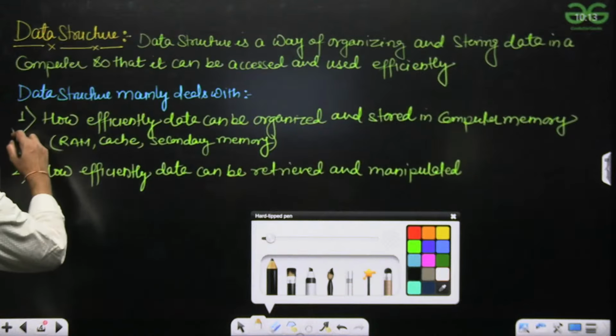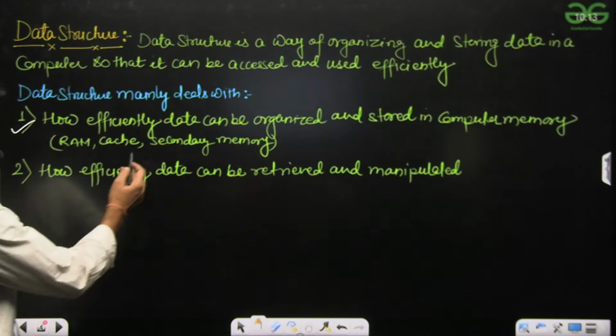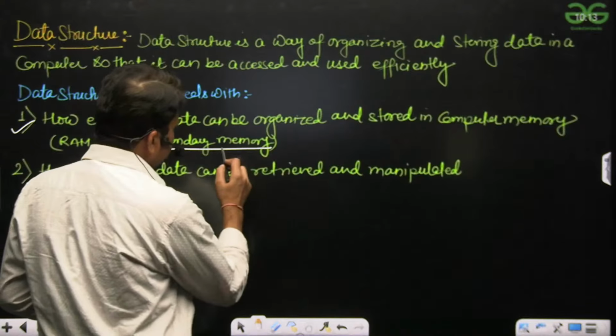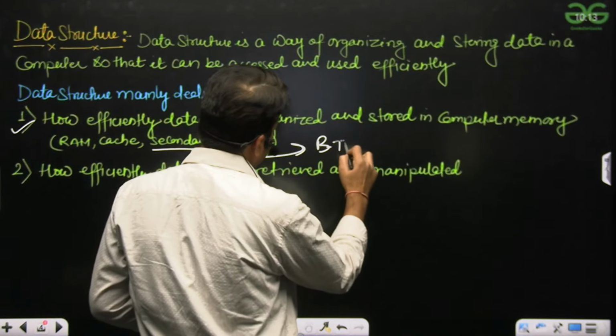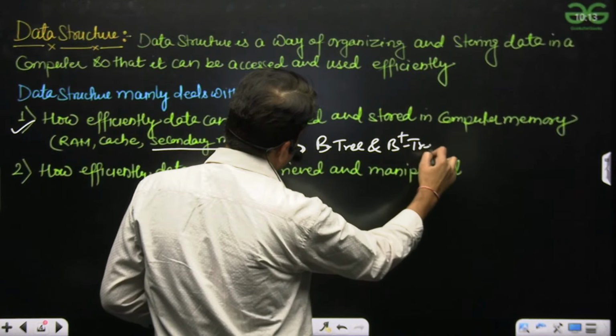First one is how efficiently data can be organized and stored in computer memory like RAM, cache, secondary memory. For large data in secondary memory, we will use B tree and B plus tree, which are used in indexing.